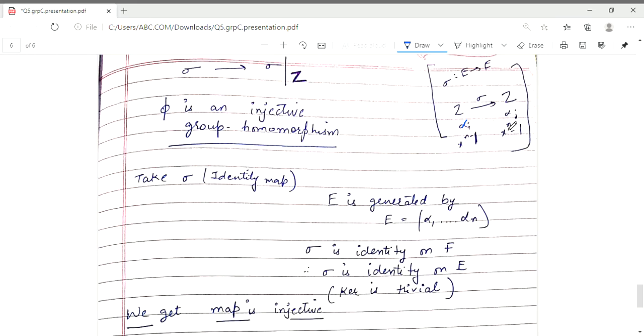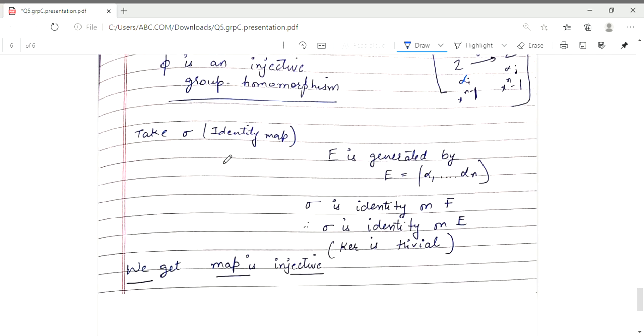So we see that the image of Z under sigma is again Z, and so we will get sigma restricted on Z as an element of automorphism of Z. So the map we are talking about is well defined.